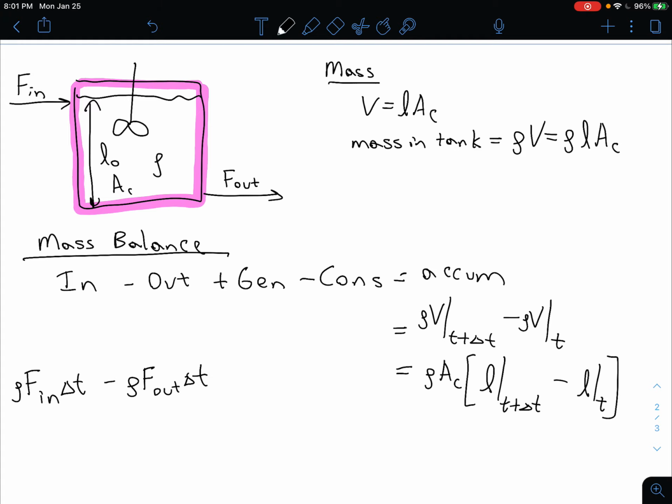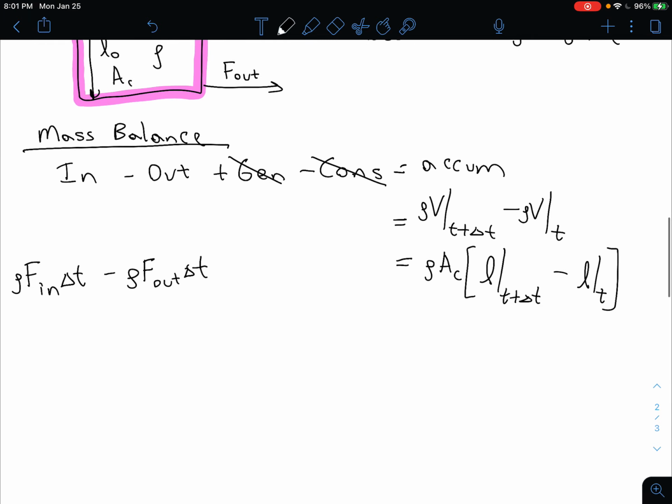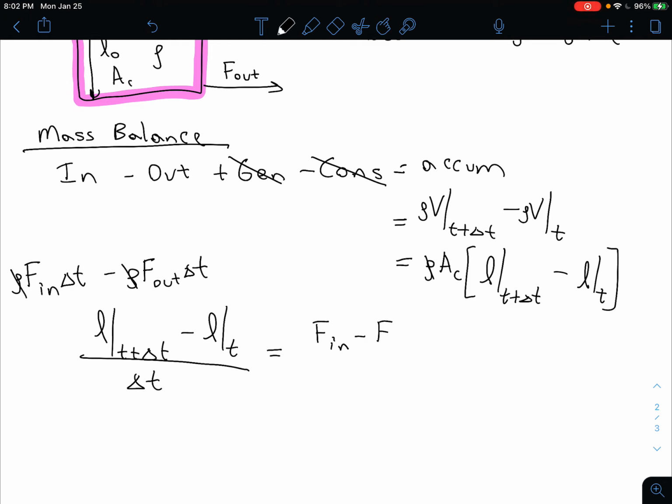Mass in this system is neither created nor destroyed. So generation is 0, consumption is 0. And so the density cancels on both sides. And so what we get here is L at t plus delta t minus L at t, divided by delta t, is equal to F in minus F out over A sub c.